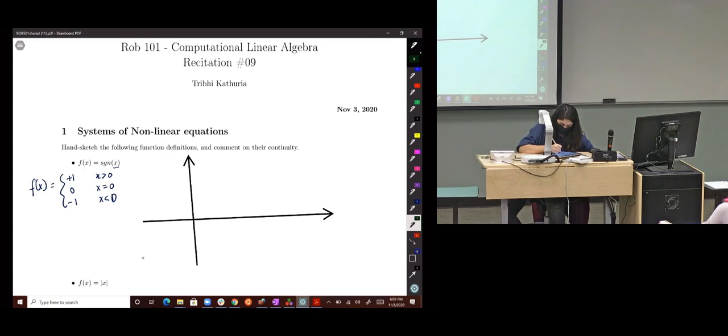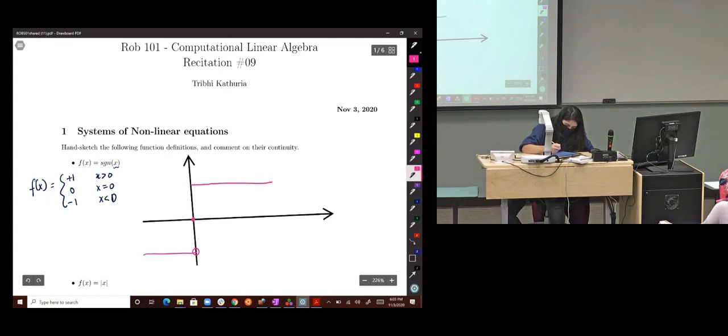For a function like this, you get one segment like that at -1. At 0, your value is 0. Closed interval, open interval. And then when you're positive, the function returns 1. So this is +1, this is -1, and 0.